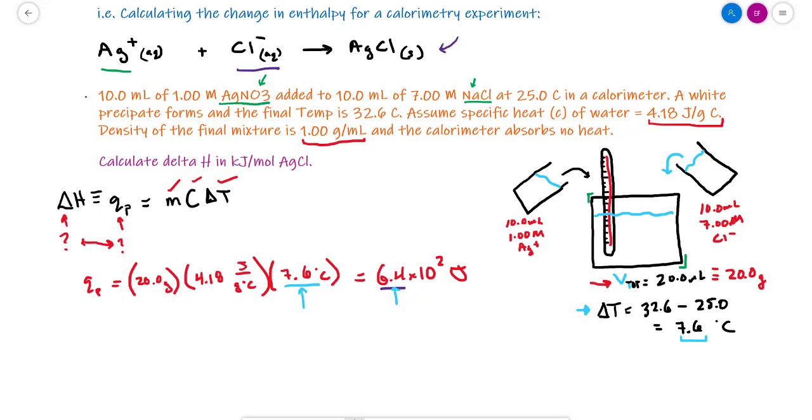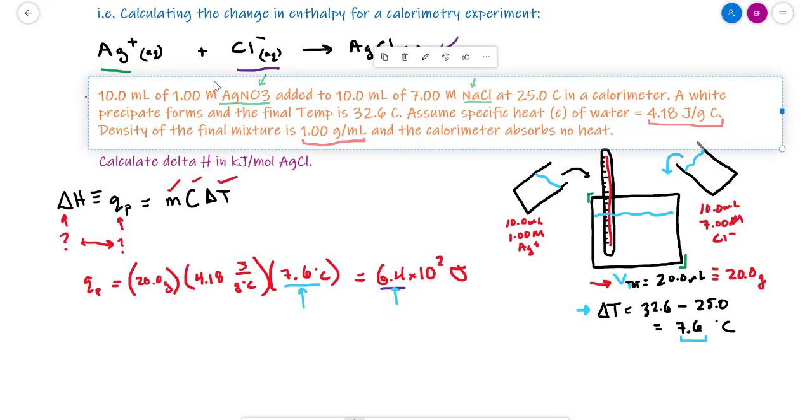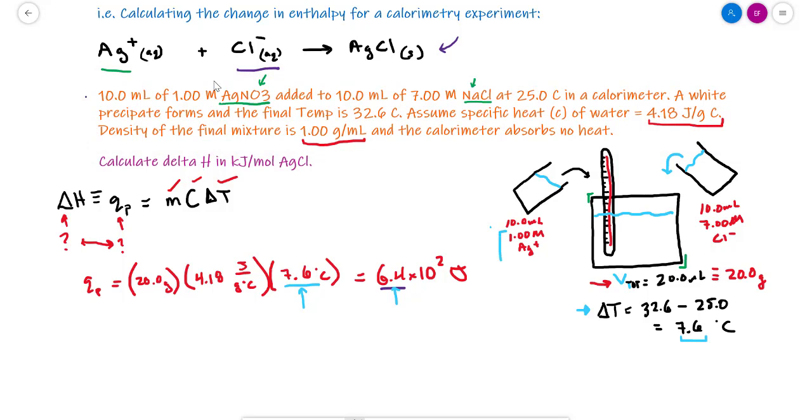But we need to get to delta H, which in terms of per mole means we need to figure out how many moles of the silver chloride were actually formed. That requires us to think back to this idea of limiting reagents, because we're adding 10 milliliters of 1 molar silver, and we're adding 10 mils of a 7 molar solution of chloride.